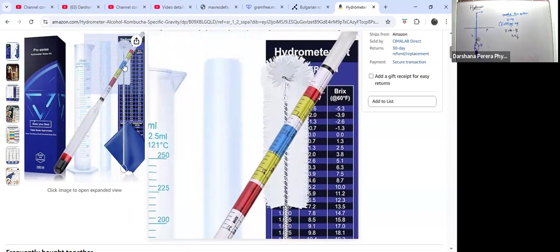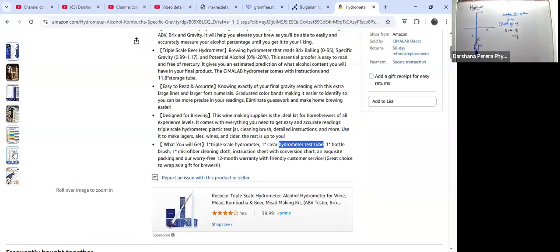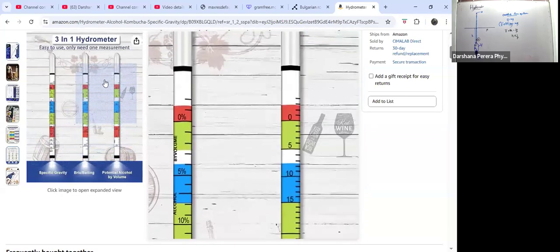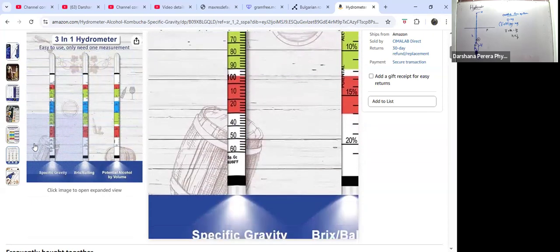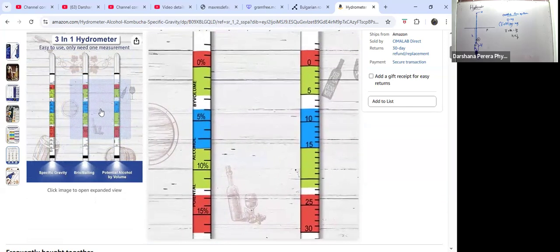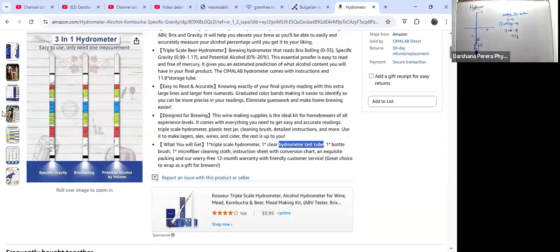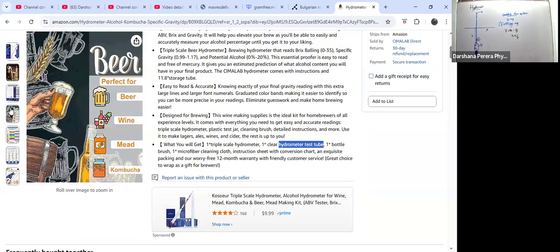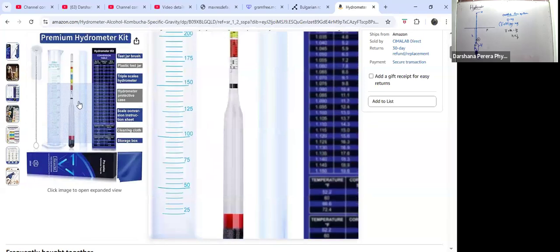There is a test sheet also. See, there is no linear scale. The important part is this one.